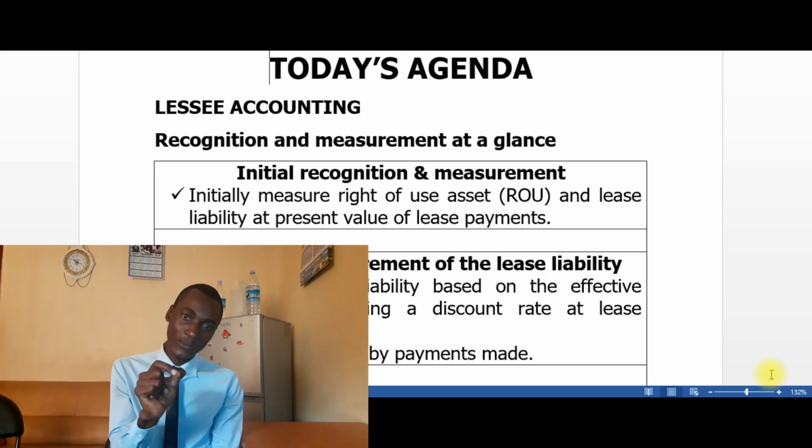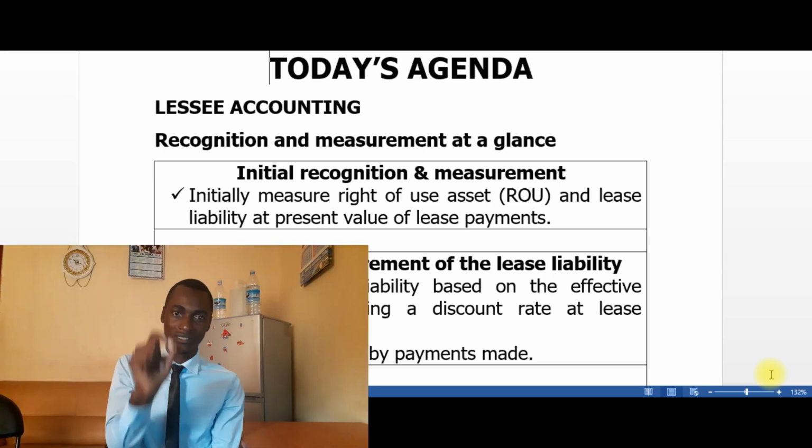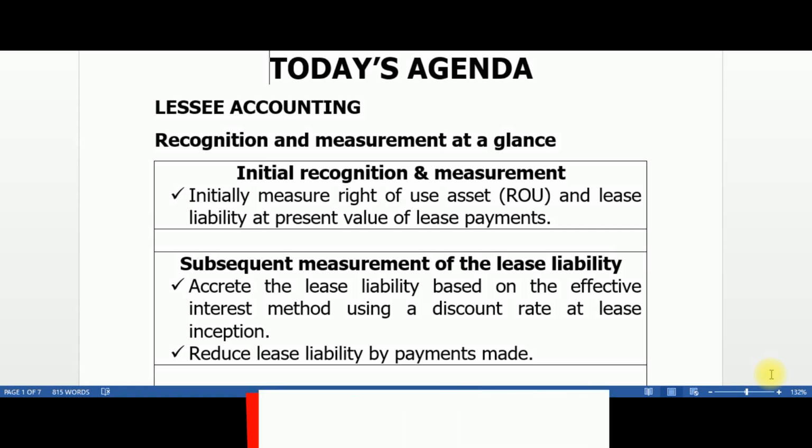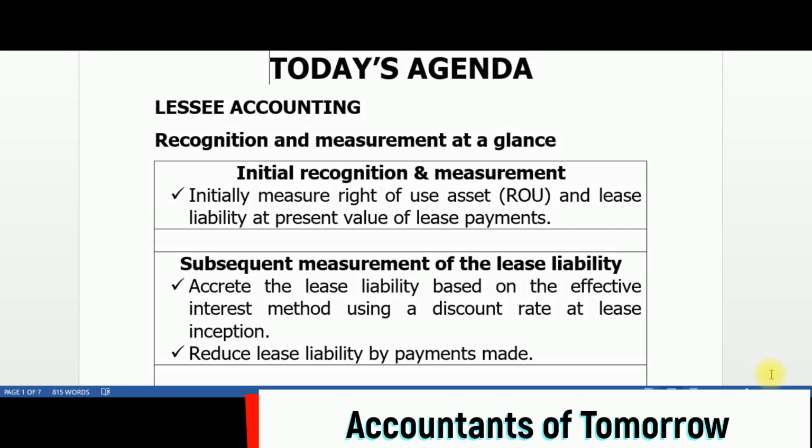Now, what about subsequent measurement? When it comes to subsequent measurement, we have to see how we deal with the right of use asset after initial recognition and how we deal with the lease liability after initial recognition.